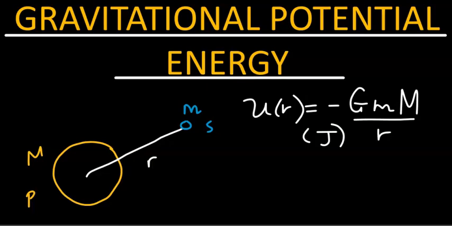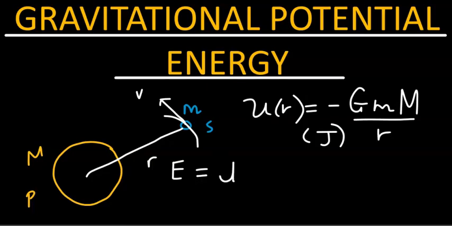Now let's assume the satellite is moving around the planet in a certain orbit, and at some point it has speed v meters per second. And let's say we are interested in determining the total mechanical energy of that satellite, E. We know that it is just the sum of two types of energies.